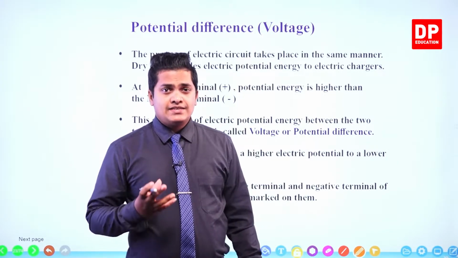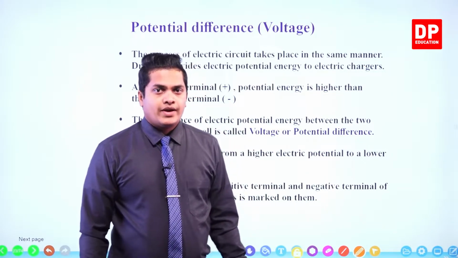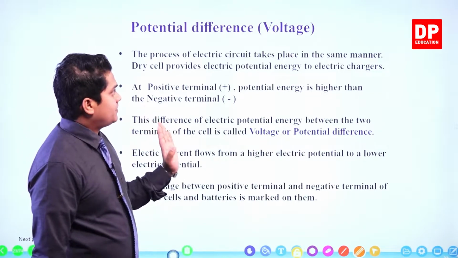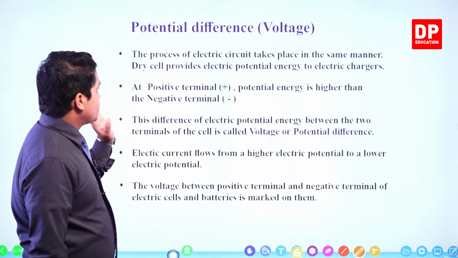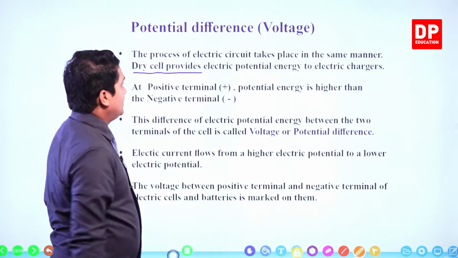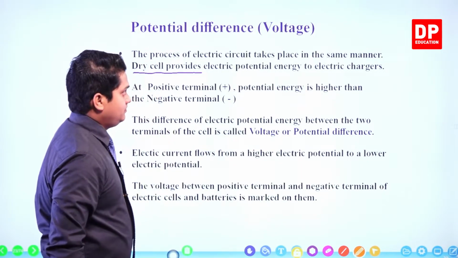The dry cell is the one providing this potential difference. So here, the process of the electric circuit takes place in the same manner. The dry cell provides electric potential energy to electric charges.